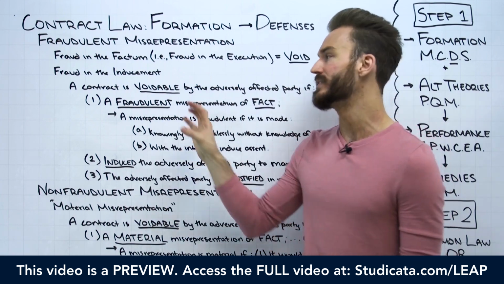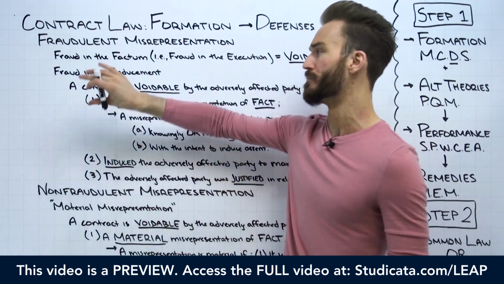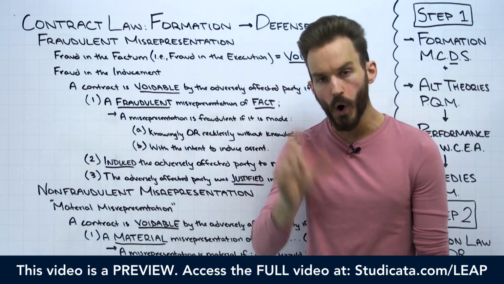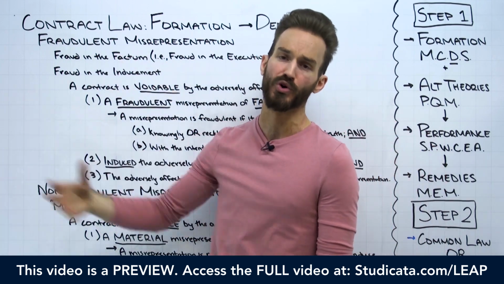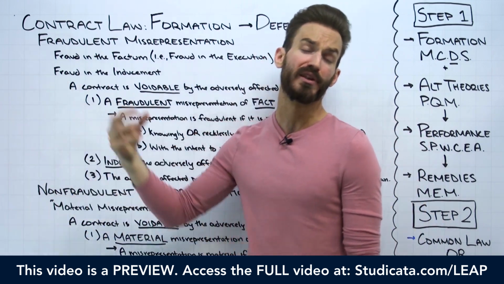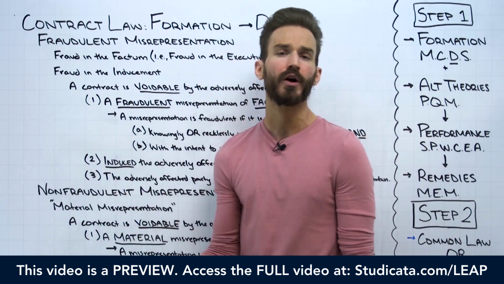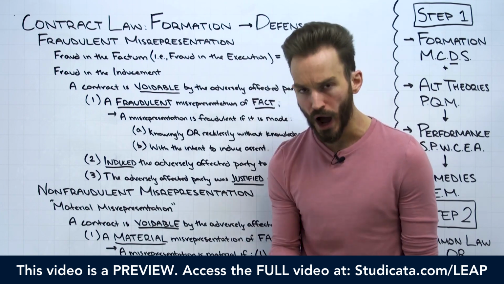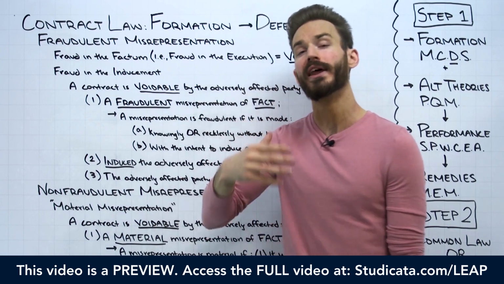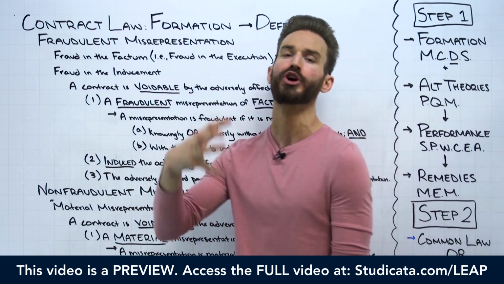A lot of times you're going to see fraudulent inducement in real estate contracts. This is where it pops up all the time. So let's say that we have a homeowner who's selling his house to a potential buyer. The homeowner is giving the tour to the potential buyer, and during this tour tells the buyer that the house is 100% free of termites and termite damage, when in fact, the home is infested with termites and the homeowner knows this.